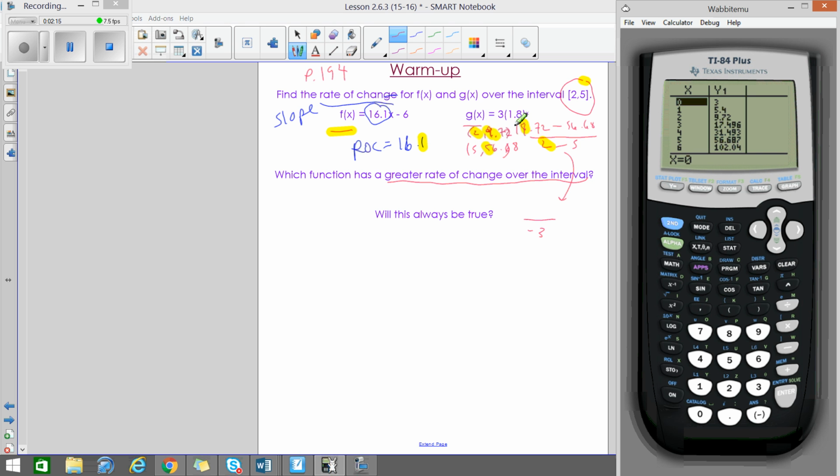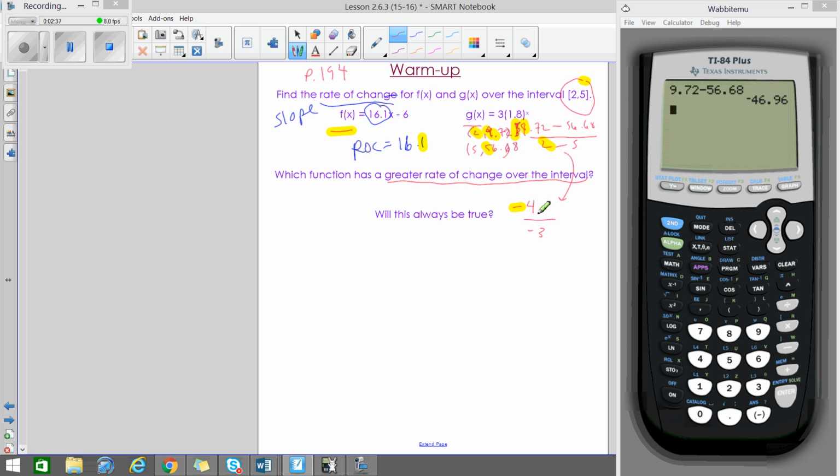It's 9.72 minus 56.68, and you're going to get negative 46.96 over negative 3. So we divide this by negative 3, and you're going to get approximately 15.65 over 1. So this is your simplified slope.